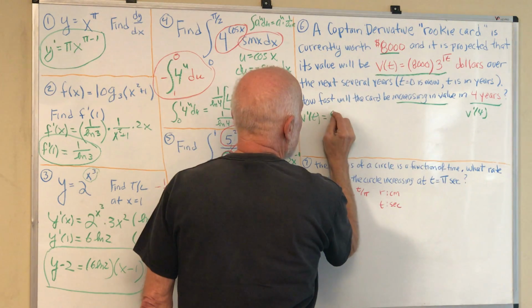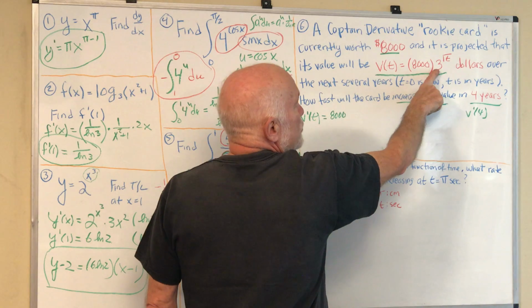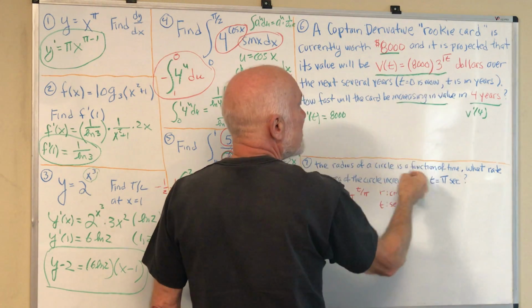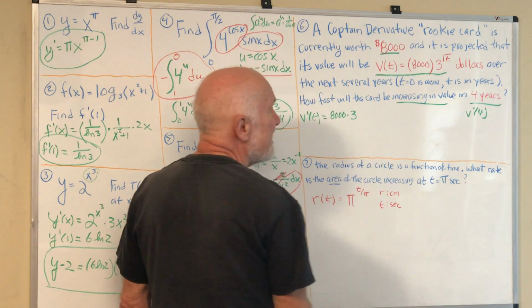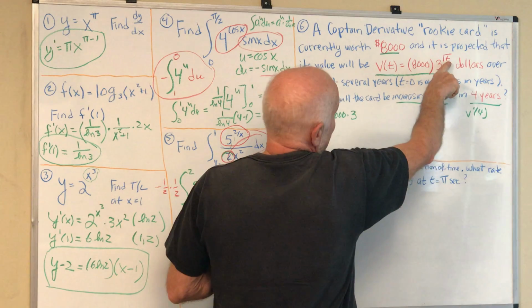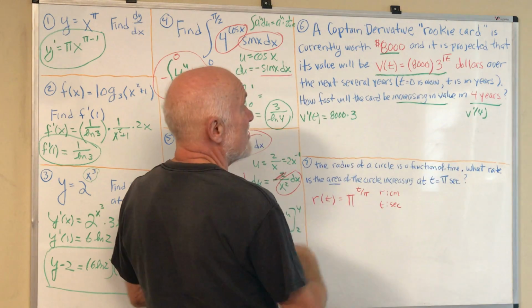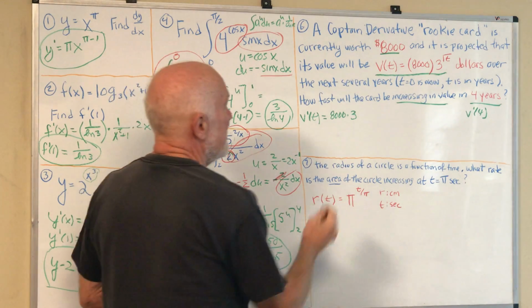It's 8,000, that's just a number. And the derivative of 3 to the x is 3 to the x times the natural log of 3, but that's not x, and in fact, it's not t. It's the square root of t. So we have to do the chain rule again.